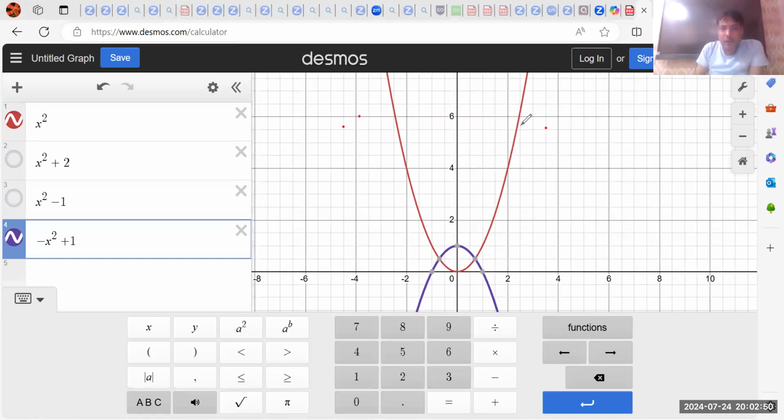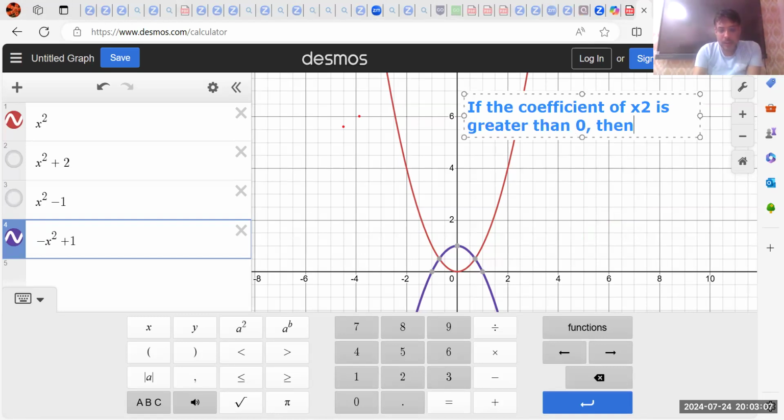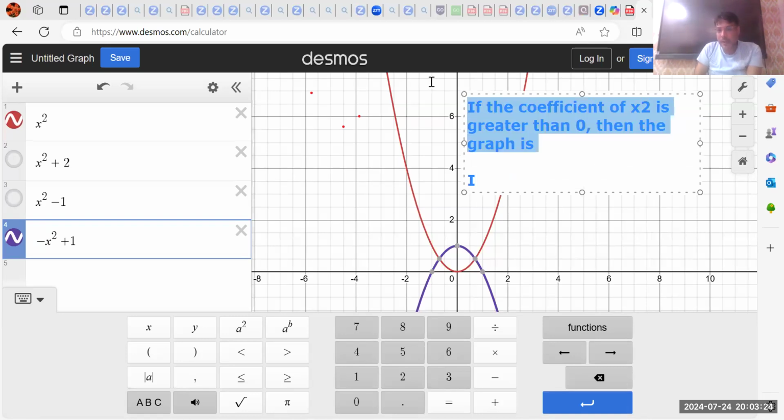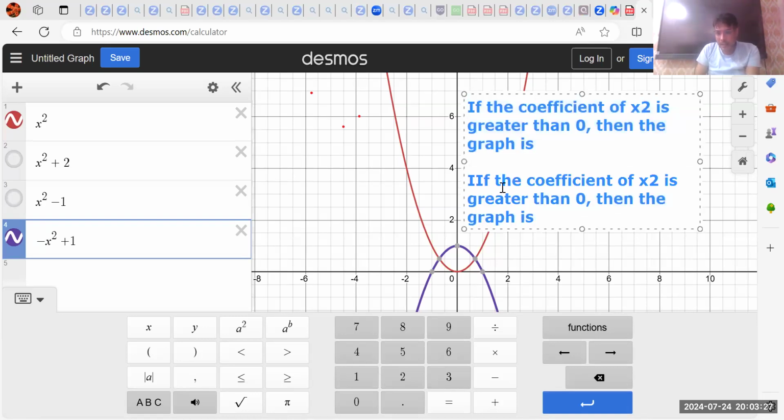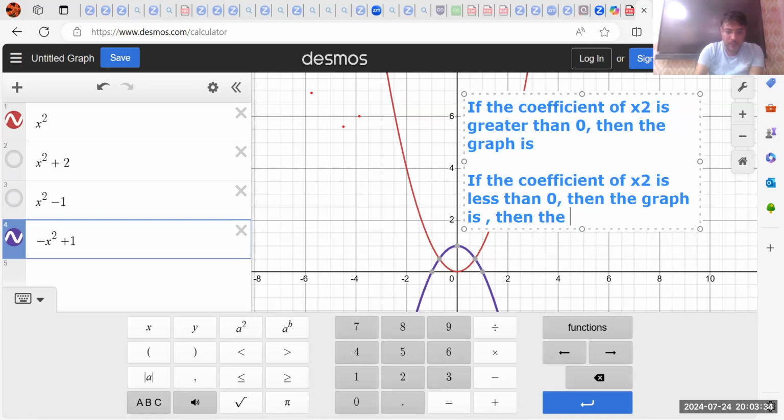So if the coefficient of x square is greater than 0, then the graph is like this, a straight U. And if the coefficient of x square is less than 0, then the graph is inverted U. All right.